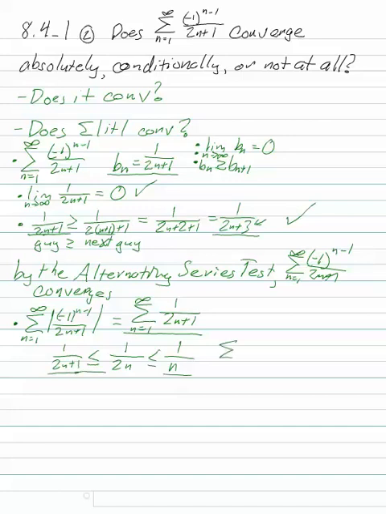And we know that the series 1 over n diverges by the p-test with p equals 1, or because it's the harmonic series. It has a name for a reason. That's from n equals 1 to infinity. So we are smaller than something that diverges, which doesn't help us.